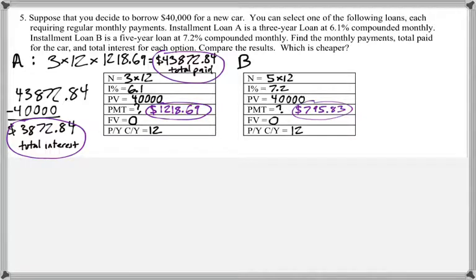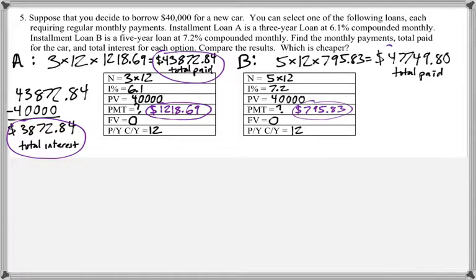So for the total paid, I want to take 5 years times 12 months per year times $795.83 per month. And we get $47,749.80 for the total paid.